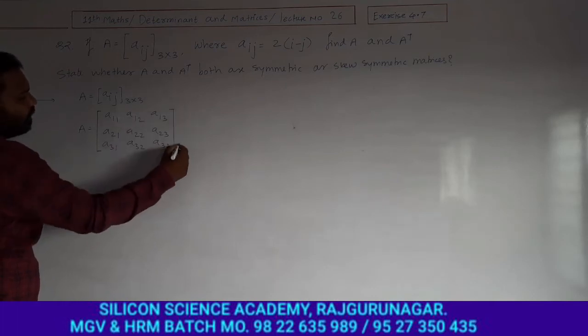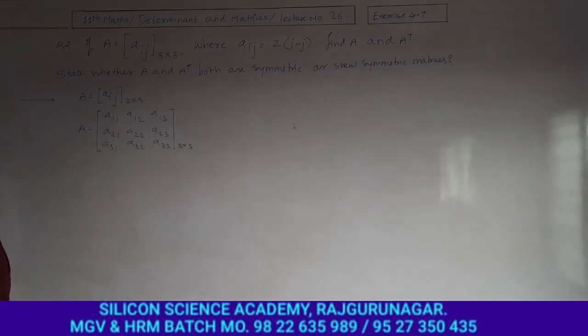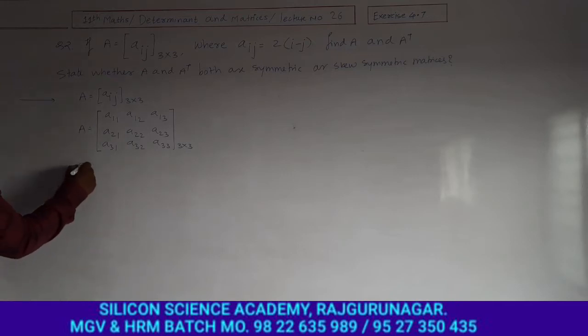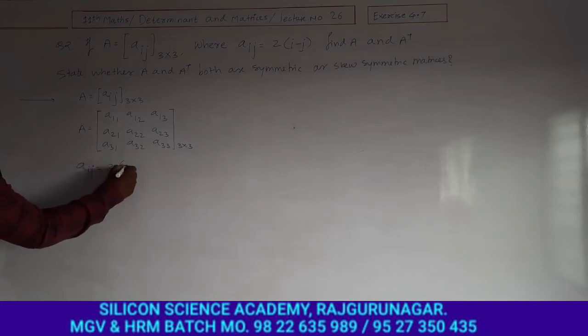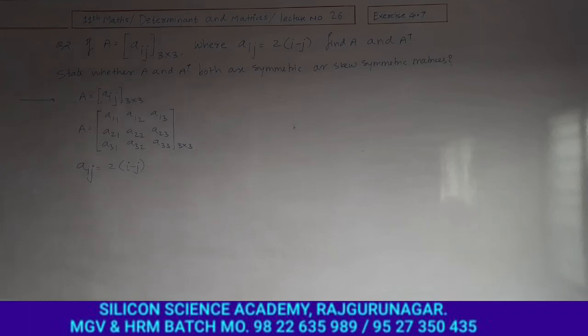This is the matrix of order 3 by 3. This is the formula: Aij is equal to 2 into i minus j.